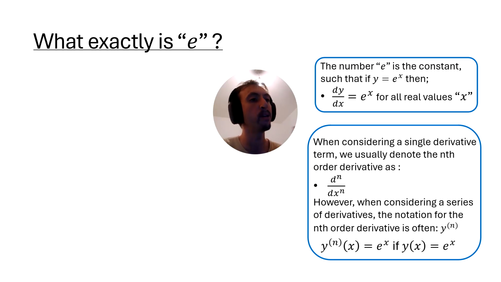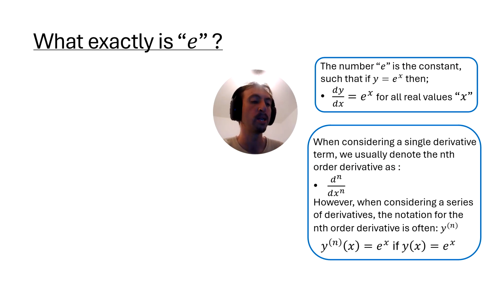It's worth saying a bit of notation that is quite helpful if we're considering the nth order derivative, particularly if we're thinking of approximating e as a series of terms for which each term will have a different nth order derivative. A very useful notation for the nth order derivative is to put n in brackets and put it above the y, so have the brackets with n inside as a superscript.